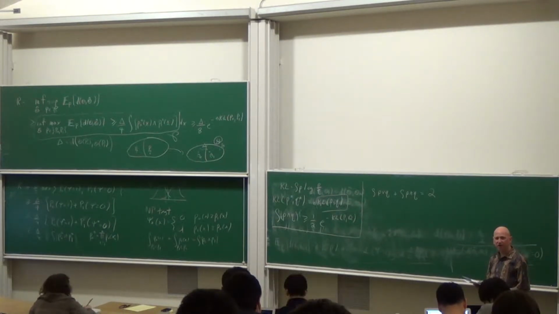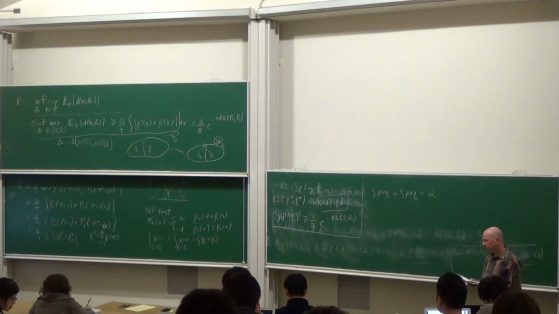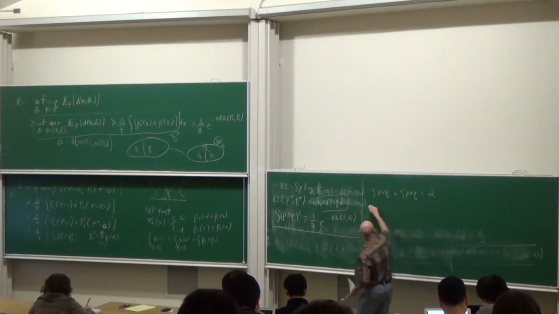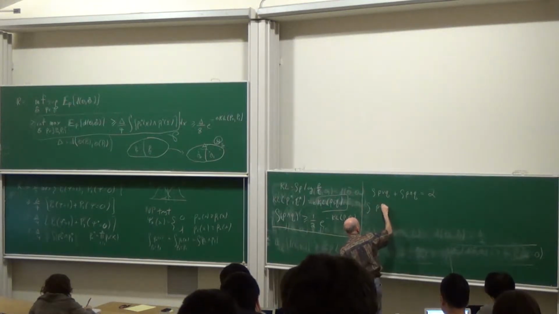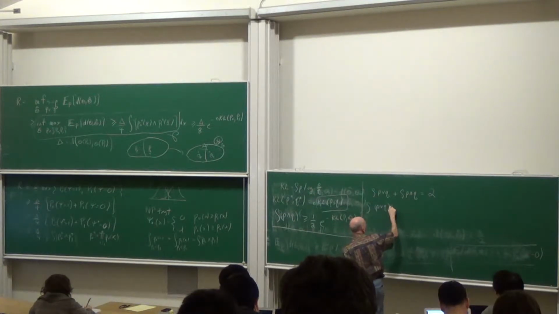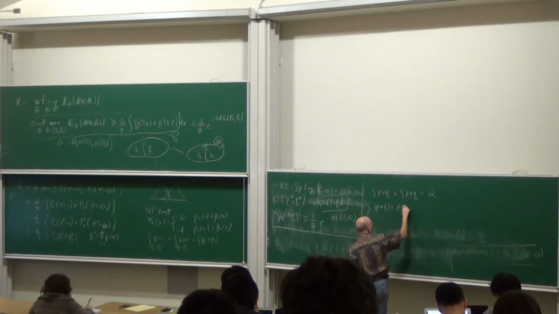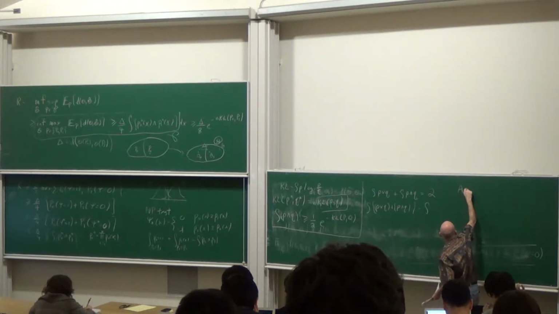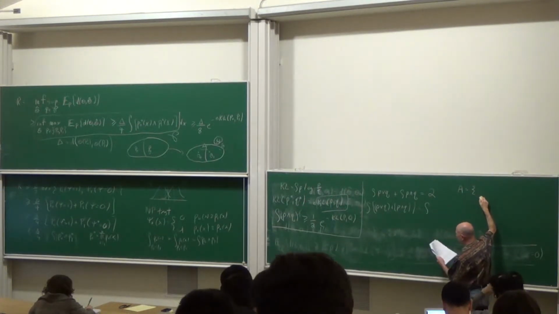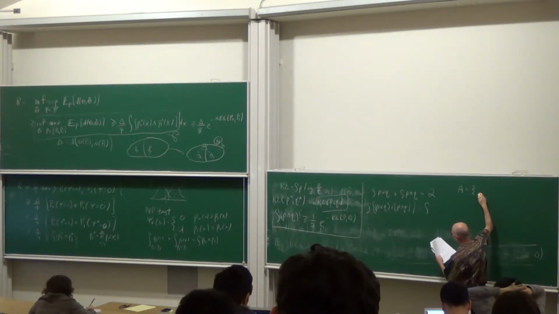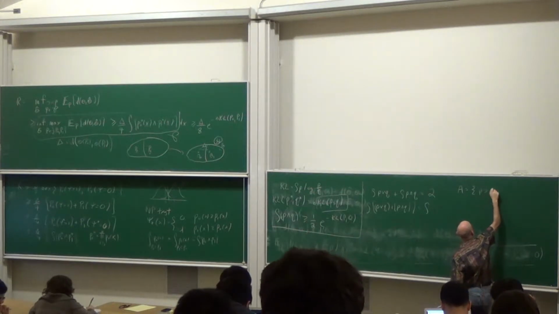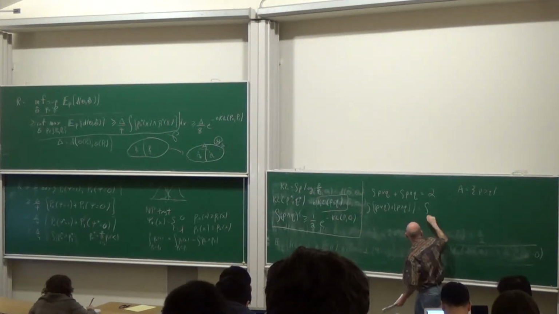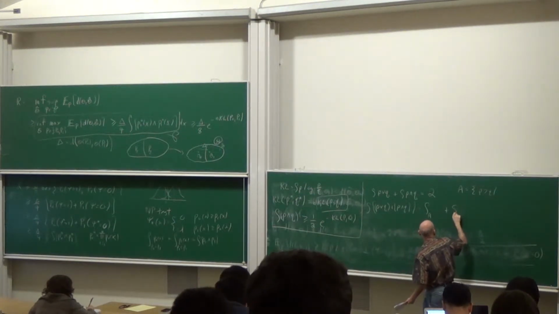Is that clear, or should I leave that? Maybe I'll just do this. In other words, I'm going to put these all into one integral. And now I'm going to break it up. Let's say A is the part where P is bigger than Q. And I'm going to break this integral up over A and A complement.